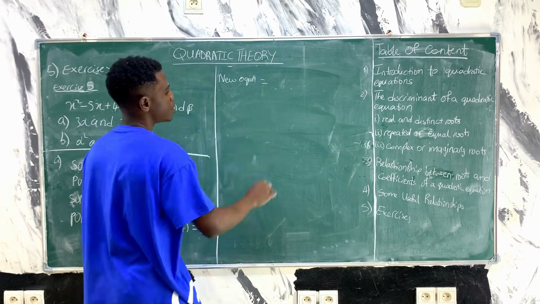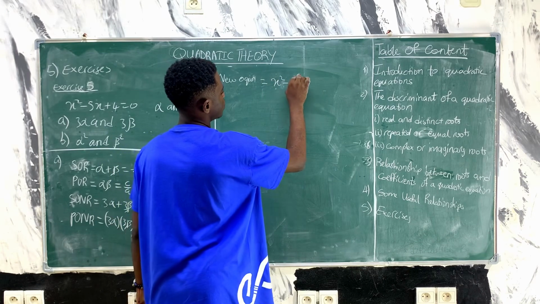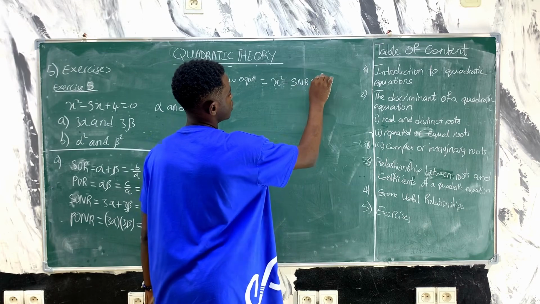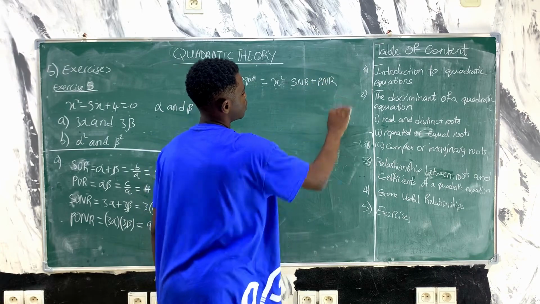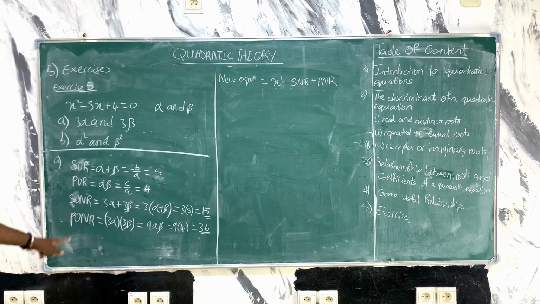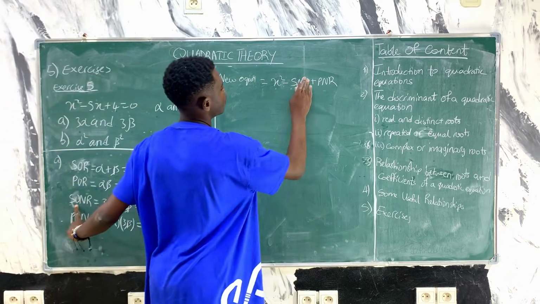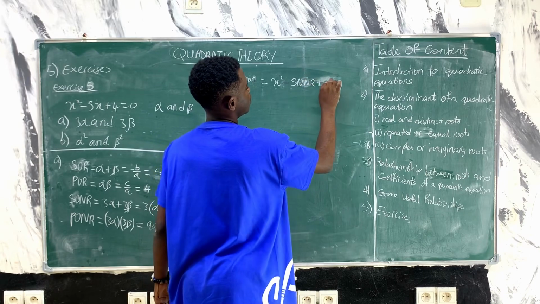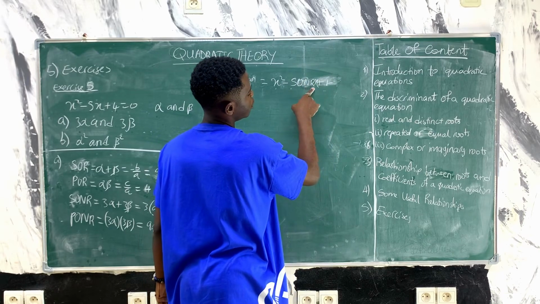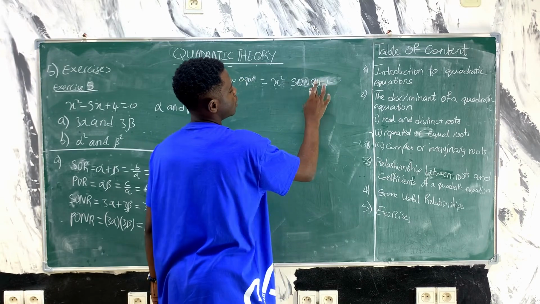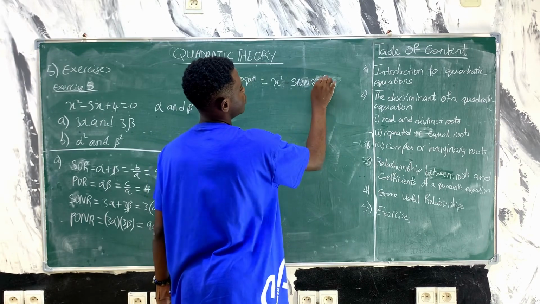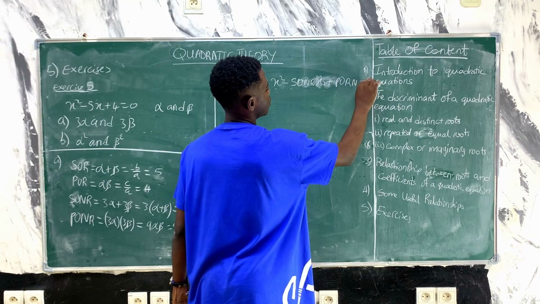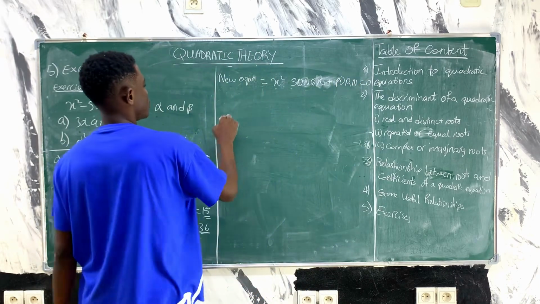The new equation is x squared minus the sum of new roots times x plus the product of new roots equals 0.